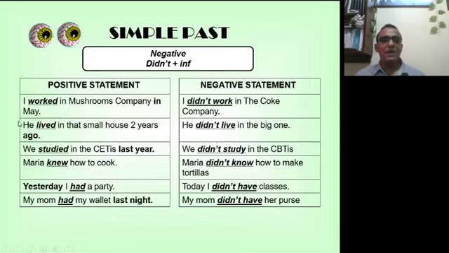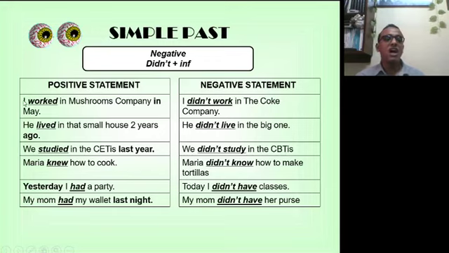In the negative form, how do we change the sentence from a positive statement to a negative statement? Here we have some positive statements, so I need to read them. For example, I worked in a mushrooms company in May. Here the sentence is a positive statement. To form a negative statement, we use didn't plus the base form of the verb.